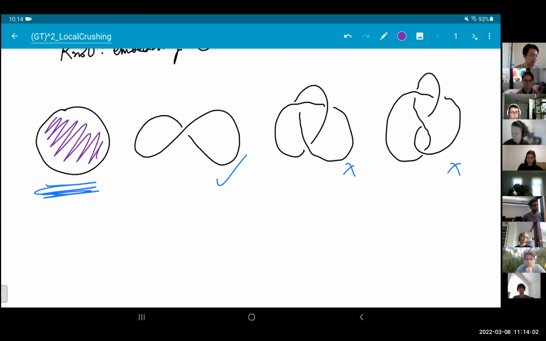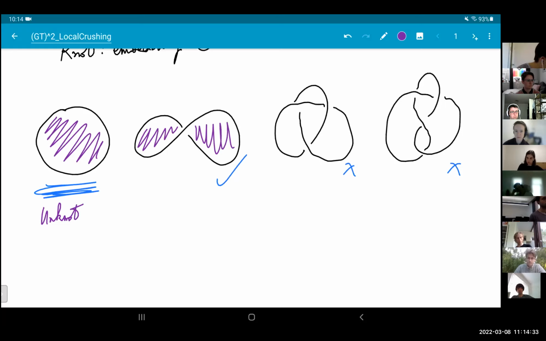If you bound an embedded disk in R3, you are the unknot. Anything that you can untangle is called the unknot. And if you are the unknot, then you bound a disk. So here's the disk in this example. Maybe this is a bit hard to visualize, but it's basically a saddle shape.